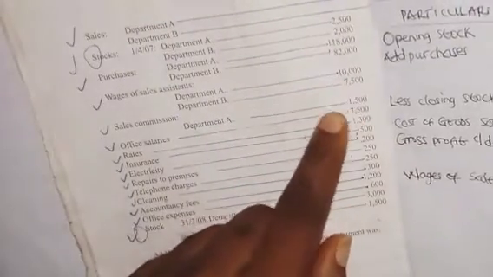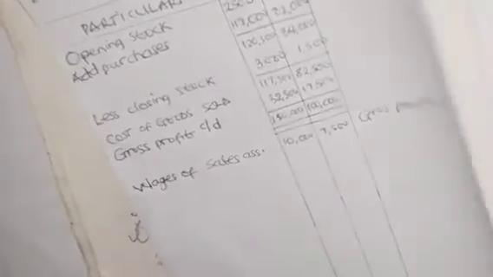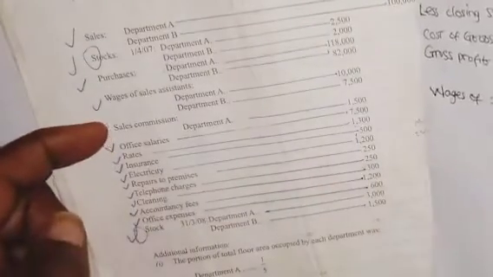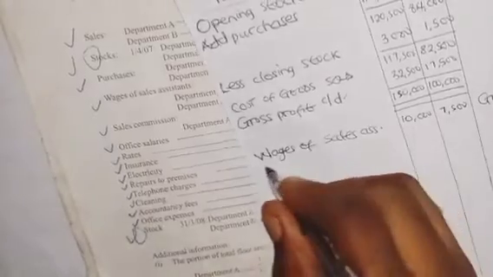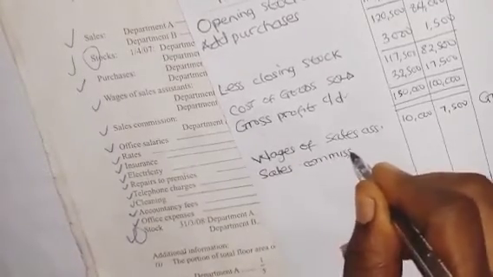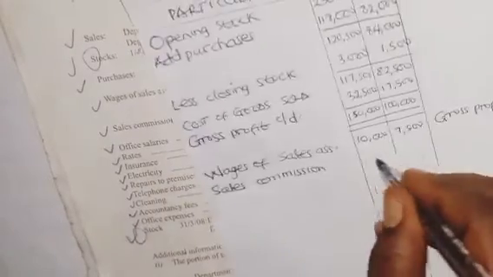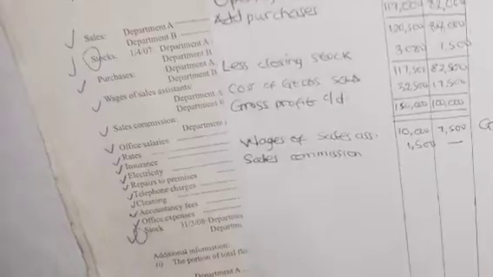Department A is 10,000, department B 75. Okay. Now come here. Sales commission, department A is 15. Department B have nothing.